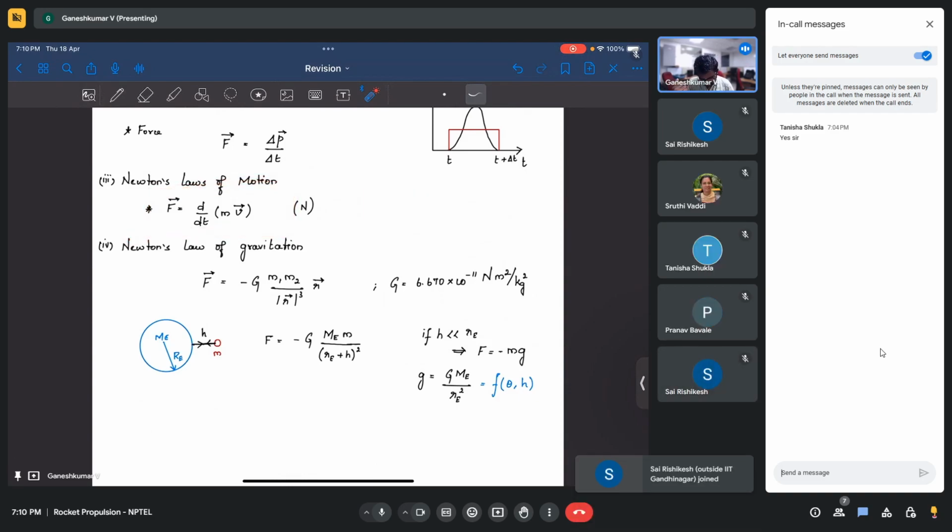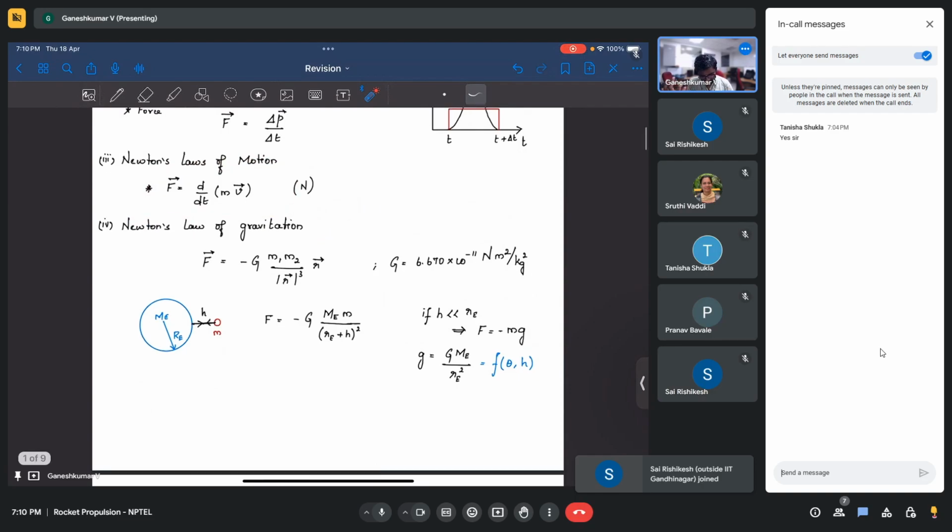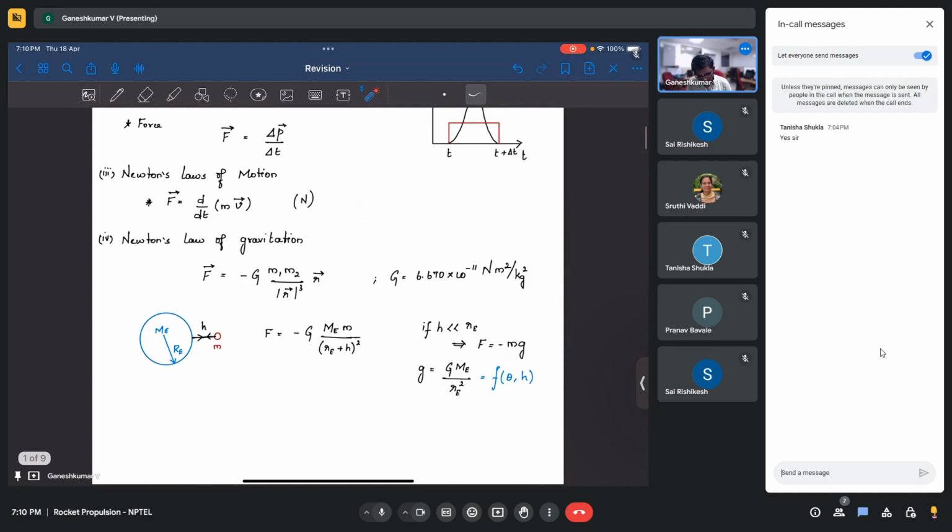Okay, and similarly we also learned Newton's law of gravitation, which is for two point masses. It is basically a two body problem, assuming that there are only two bodies, and only those two bodies are having gravitational pull with each other. So that is one of the assumptions we have with Newton's law of gravitation.